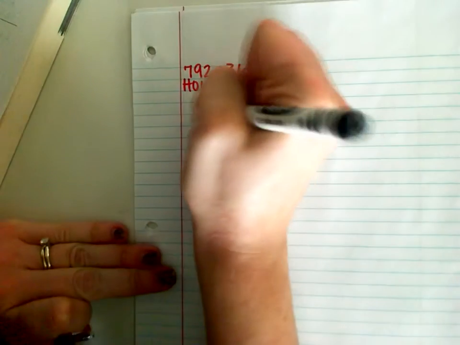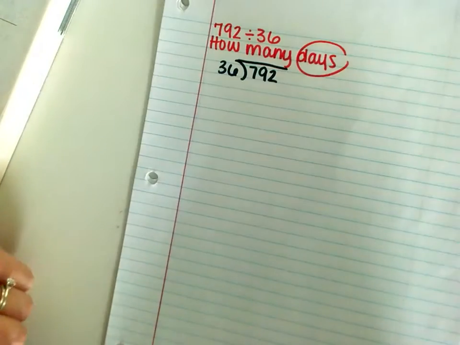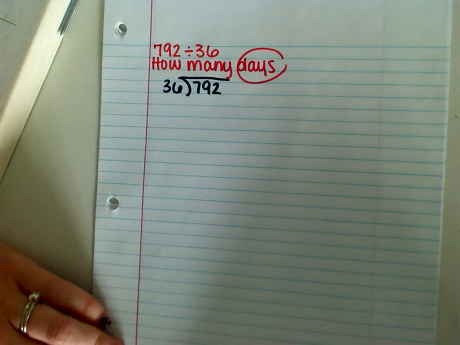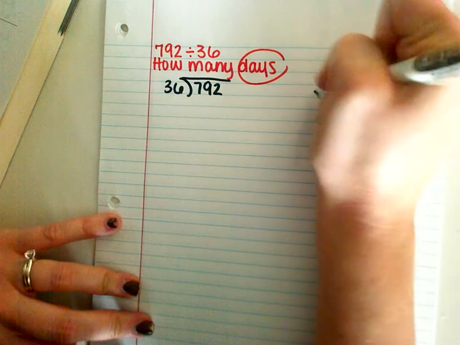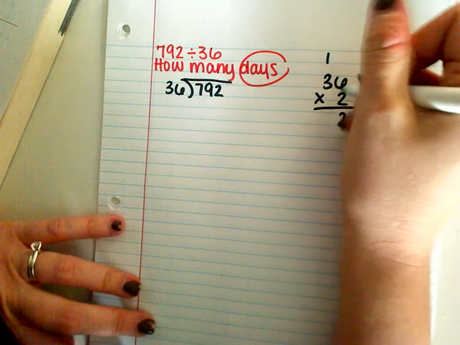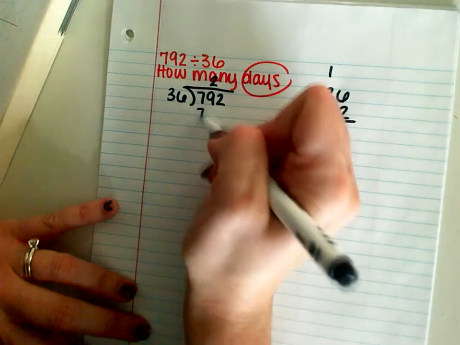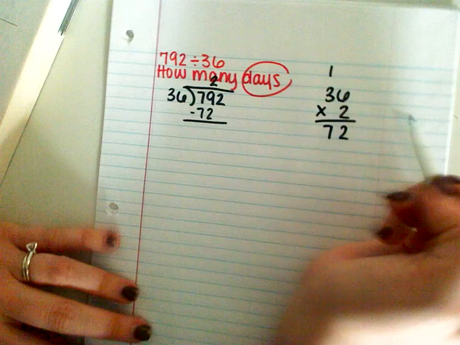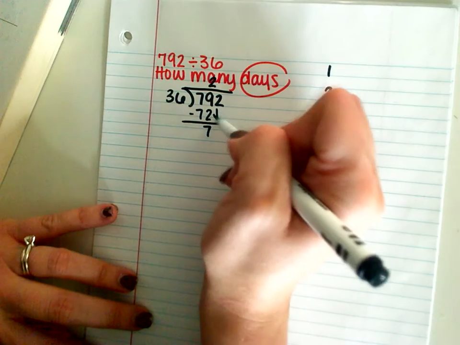All right, so 36 goes into 79. How many times should we try? 2. All right, let's do 36 times 2. 72. Close. 2 up top. 72 here. Let's subtract. 79 minus 72 is? 7. Bring down the 2.